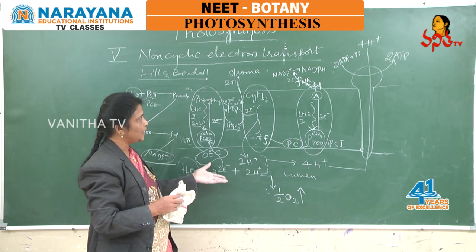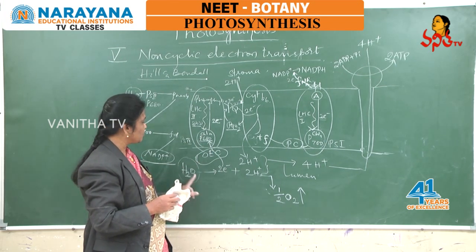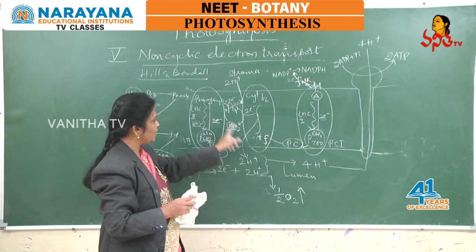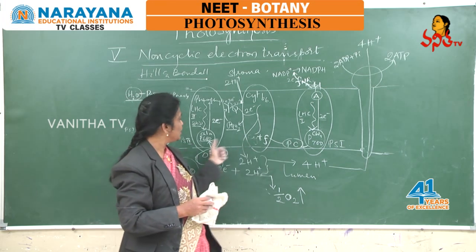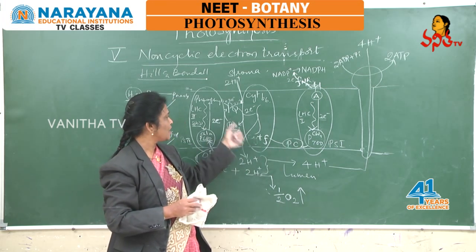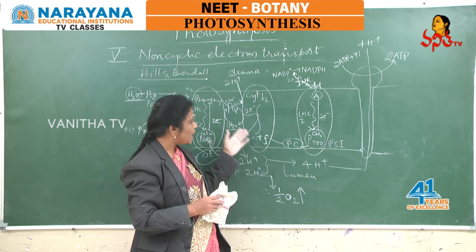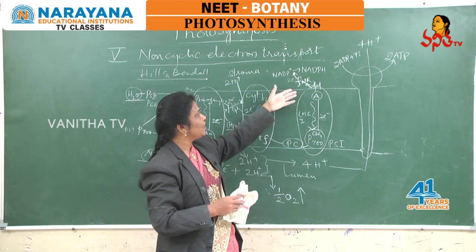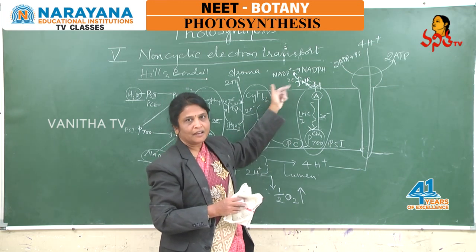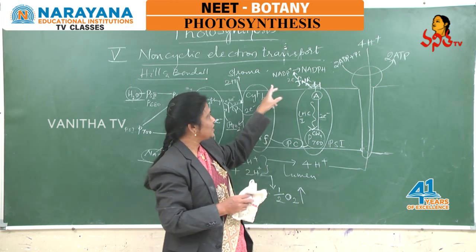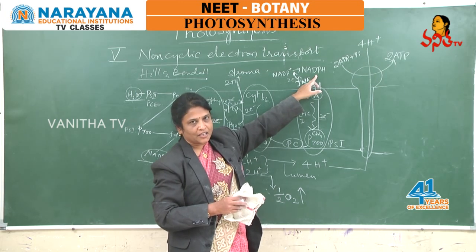So, finally we came to know that the electrons of water pass through various electron carriers, including 2 photosystems and the mobile carriers plastoquinone and plastocyanin and the cytochrome complex, and are finally received by NADP+. So, it is reduced to NADPH.